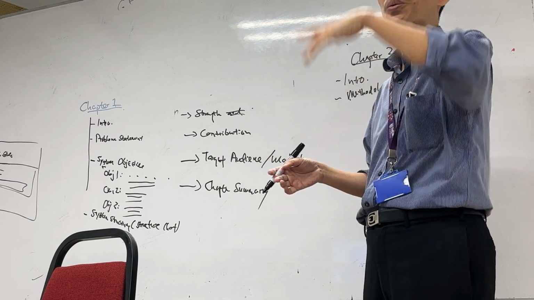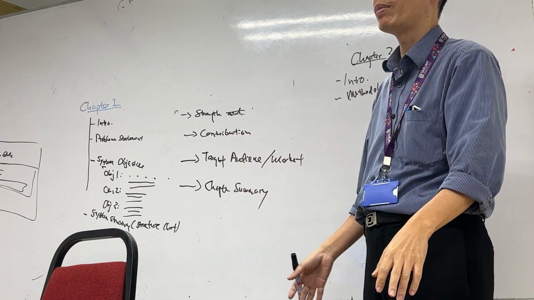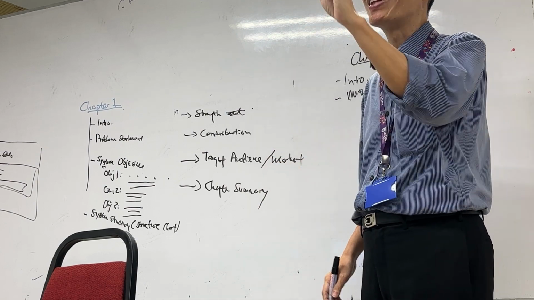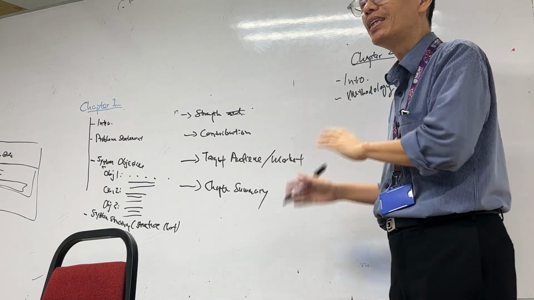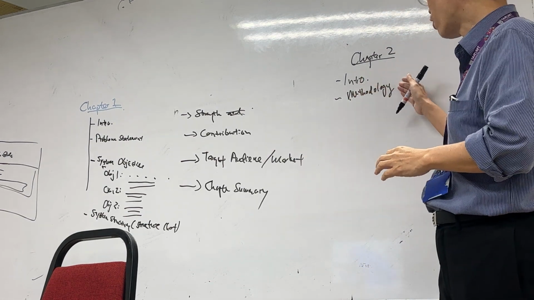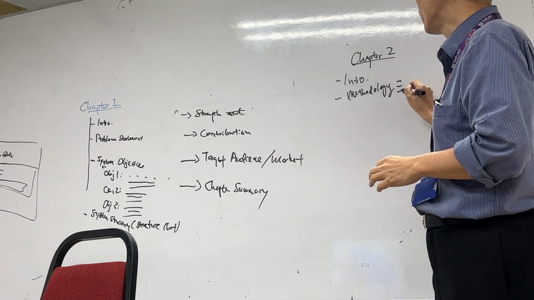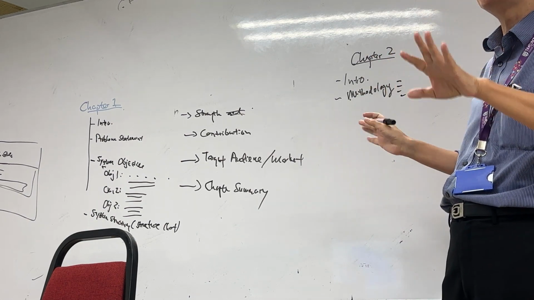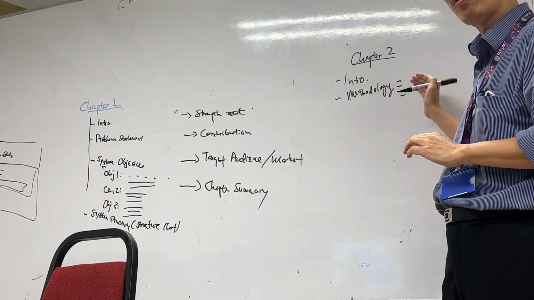You need to review those methodologies, but don't put just one. This is the review. It's not the thing that you are going to use, but from this review you can choose which one you are going to use. You do not need to mention what you are going to use here. Just do a review on that.